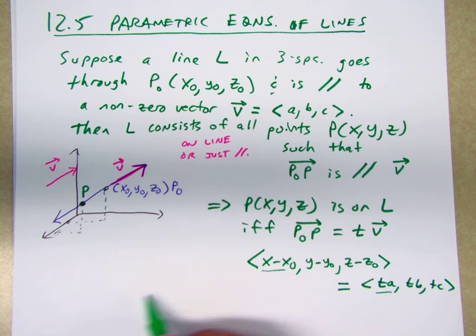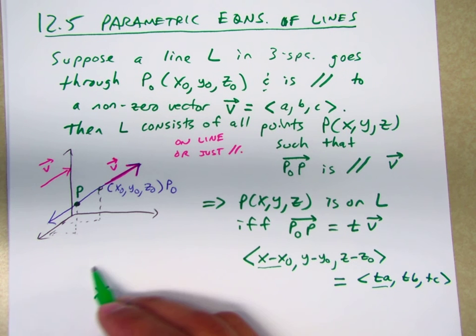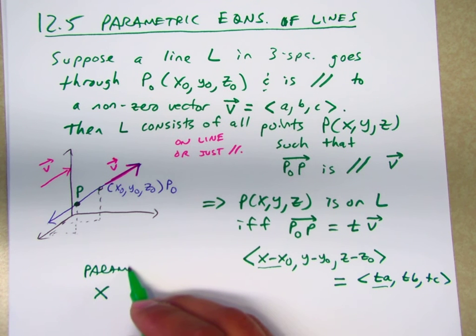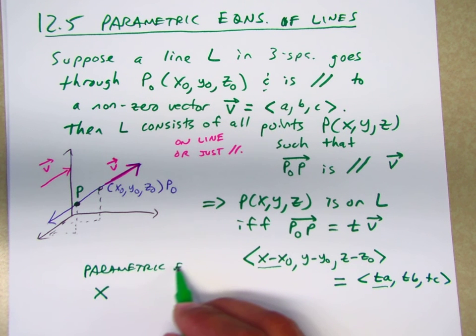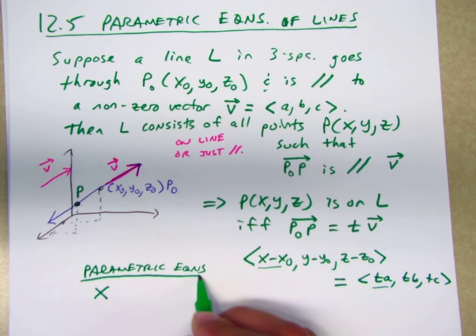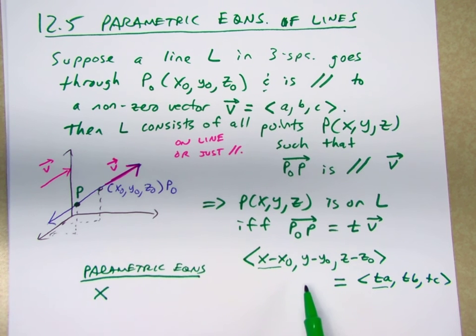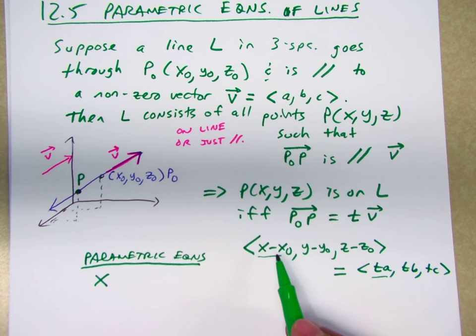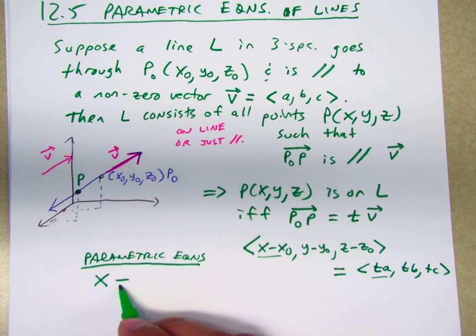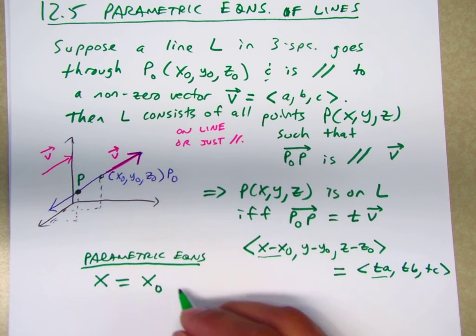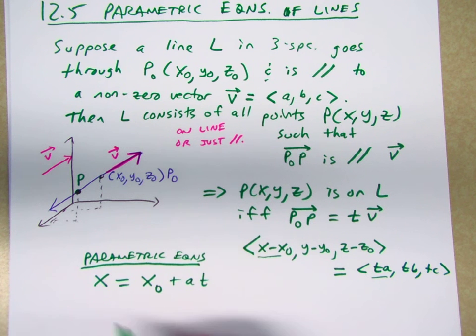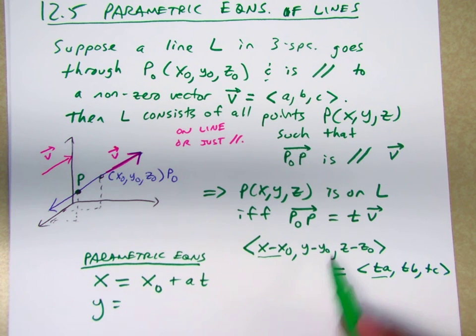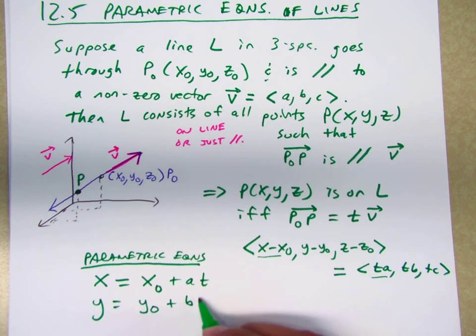So we can now say that x, so this is the definition for parametric. I'm kind of skipping a step, but hopefully you don't get too lost here. If I set this equal to the other side, I'm just going to move x naught over, and I'll have x equals x naught plus at. Let's do the same with the y's and the z's.